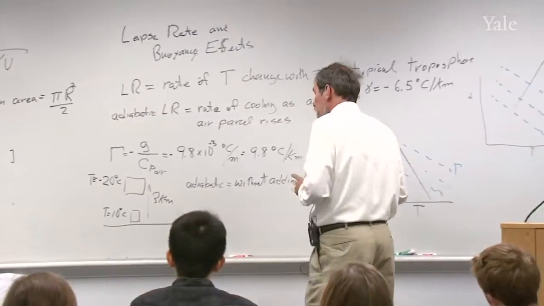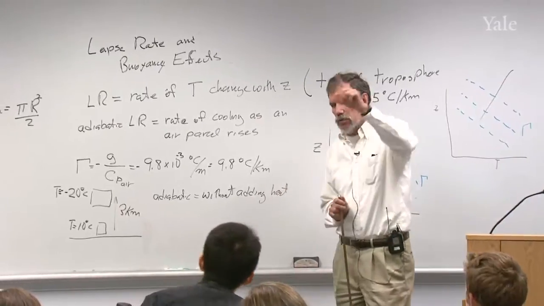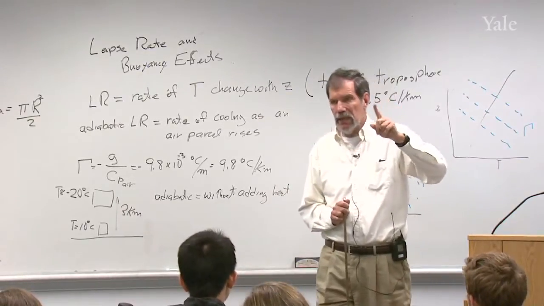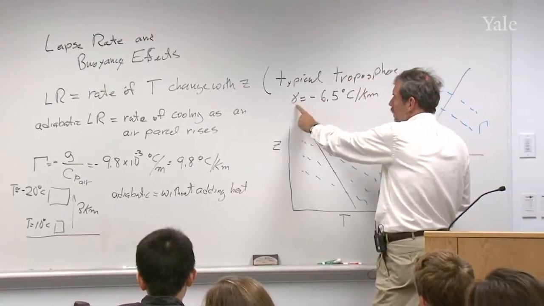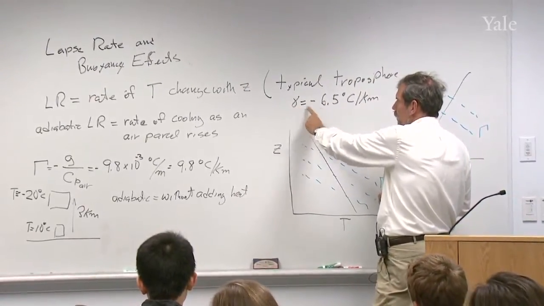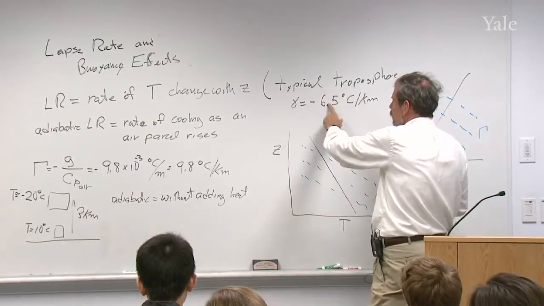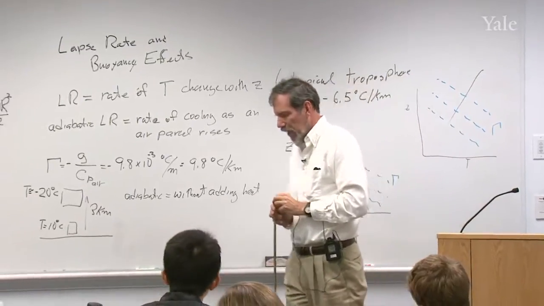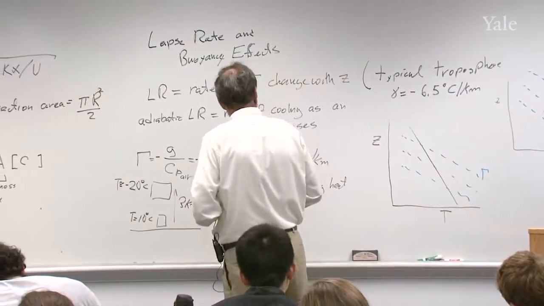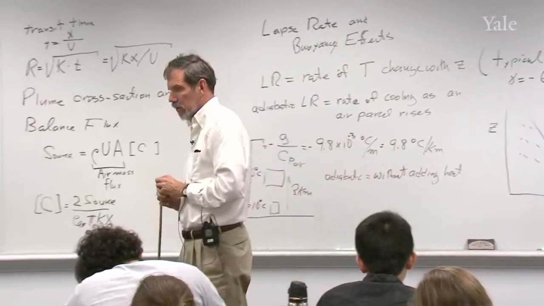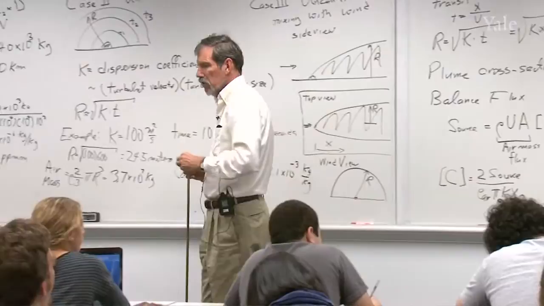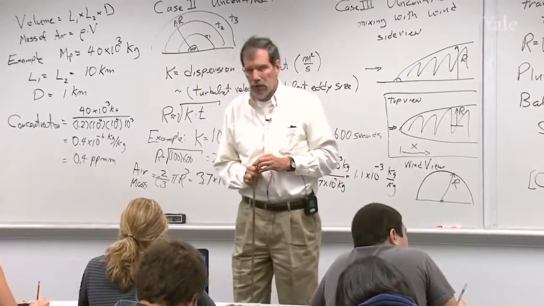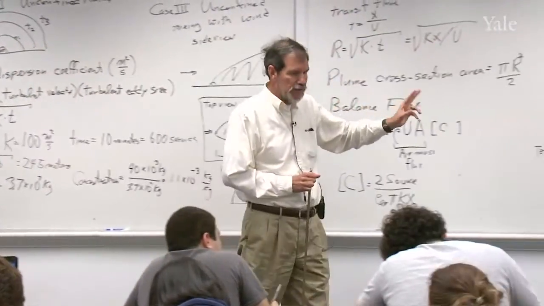Typically in the troposphere, you remember, it gets colder as you go up. I'm using lower case gamma for this; a typical lapse rate for the troposphere is about 6.5 degrees Celsius per kilometer. On average, every kilometer you go up, it cools about 6.5 degrees. But don't take that too literally. That's just an average.